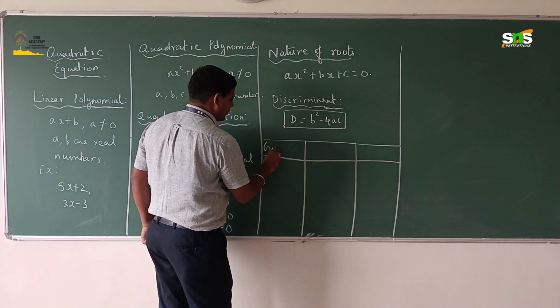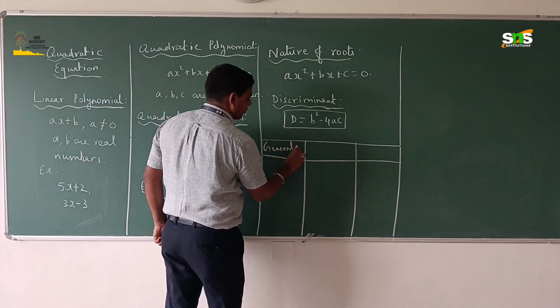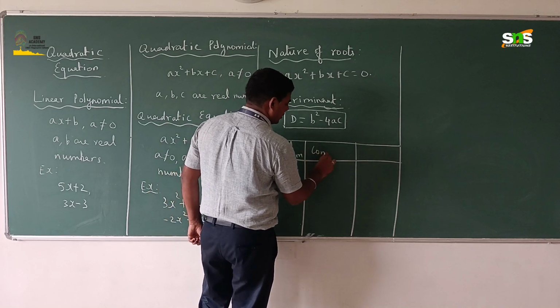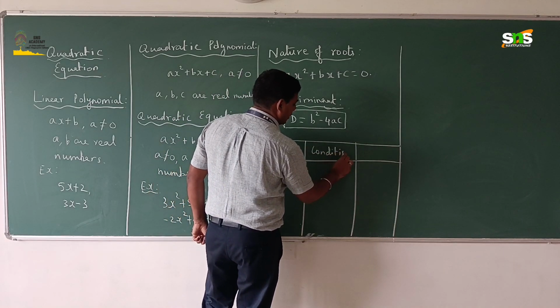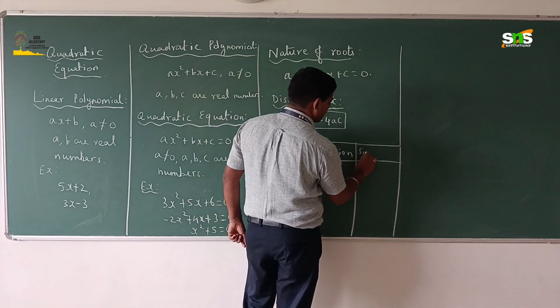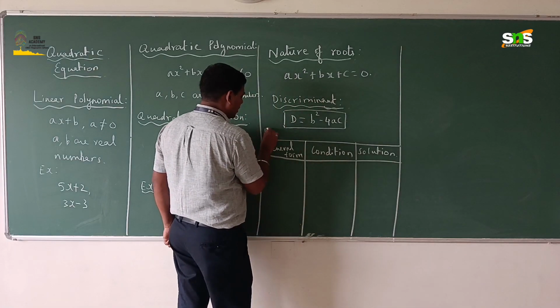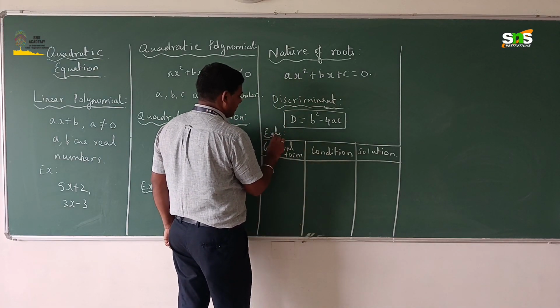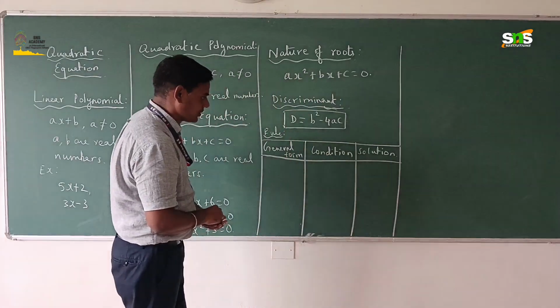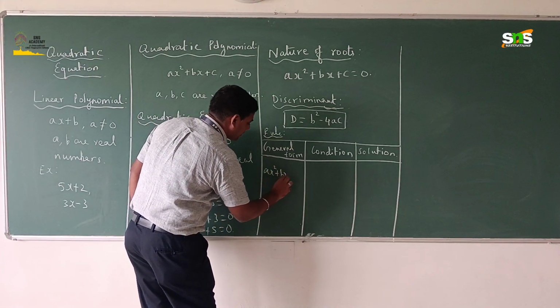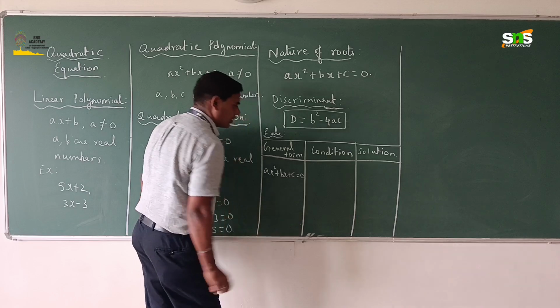General form, the condition, and then what type of solution we will get. This rule helps us find what type of solution we will get. The general form is ax square plus bx plus c equal to 0.